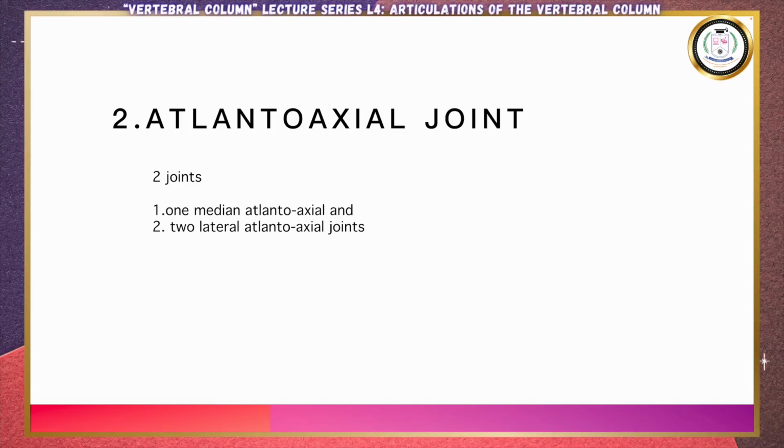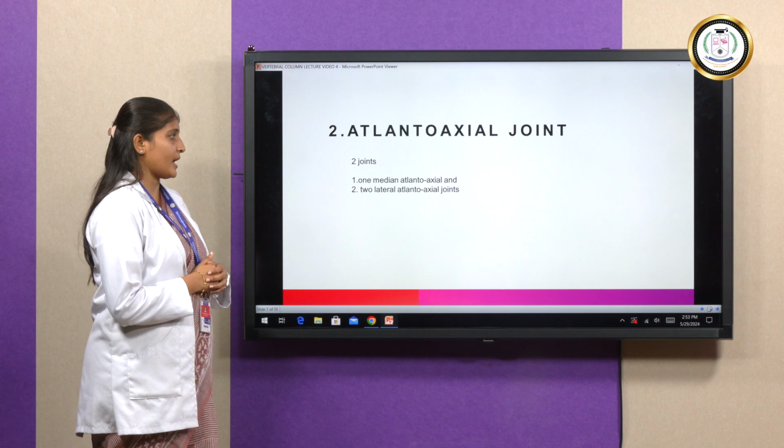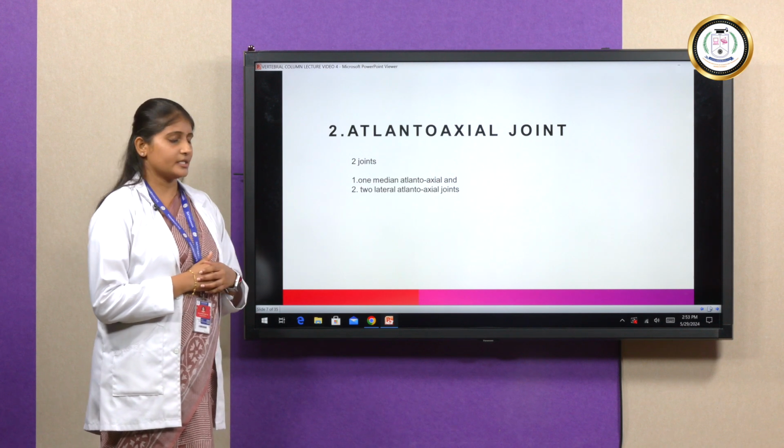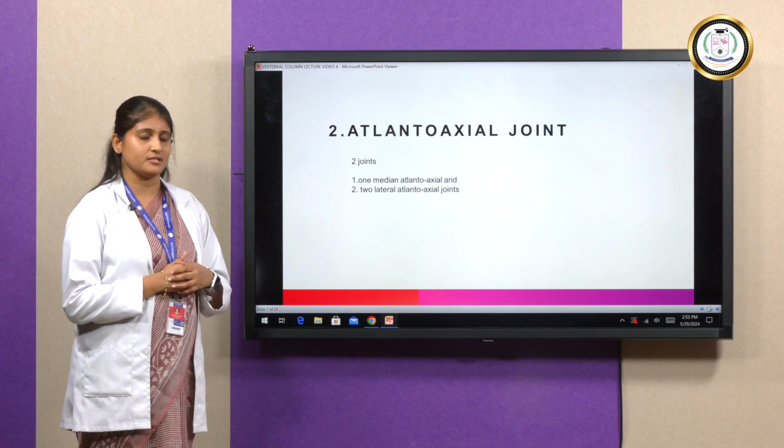Next, we will move on to the atlanto-axial joint. It has two articulations: the median atlanto-axial joint and two lateral atlanto-axial joints.